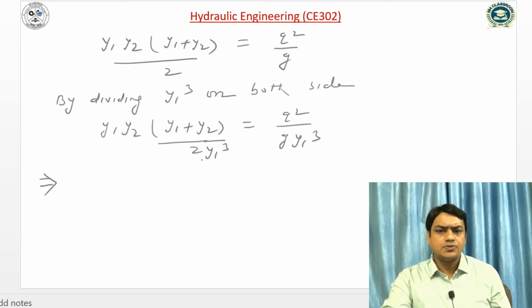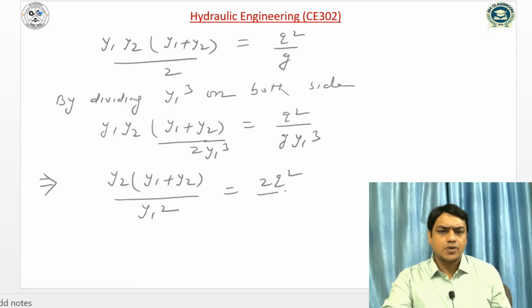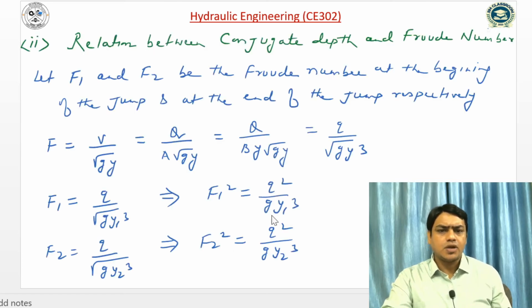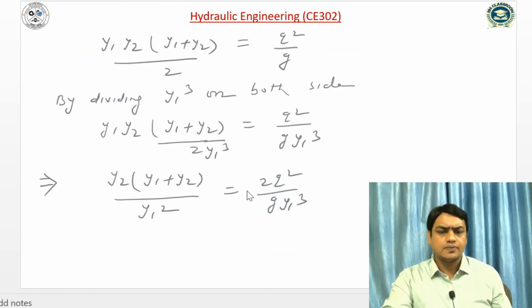So y1 y1 cancel, so it will be y2 into (y1 plus y2) divided by y1 square is equal to 2 q square by g y1 cube, and q square by g y1 cube is F1 square.